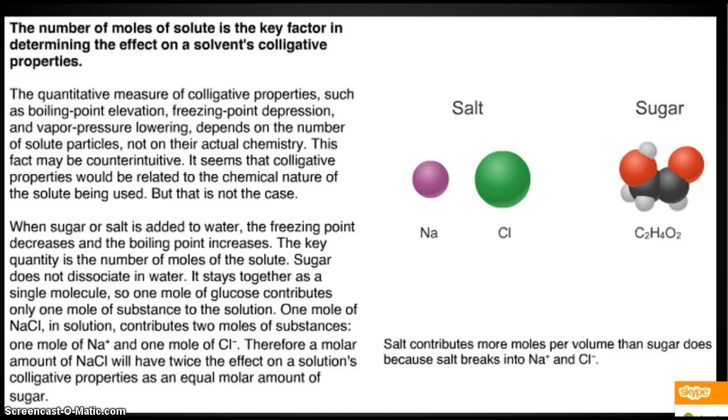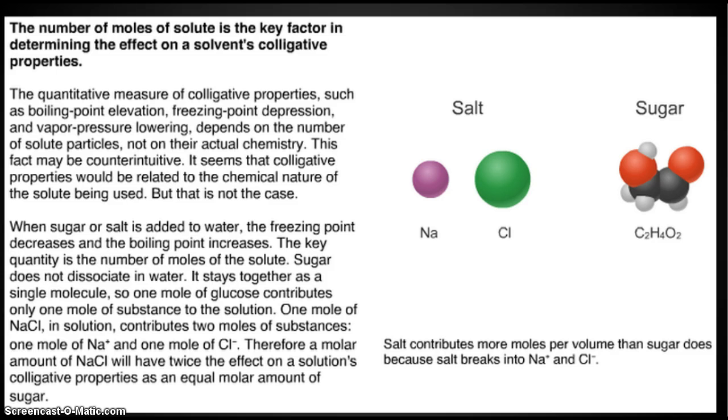Now, this fact may be counterintuitive. It seems that colligative properties would be related to the chemical nature of the solute being used, but that is not the case. When sugar or salt is added to water, the freezing point decreases and the boiling point increases. The key quantity is the number of moles of solute. Sugar does not dissociate in water. It stays together as a single molecule.